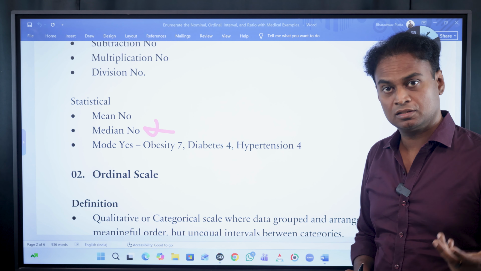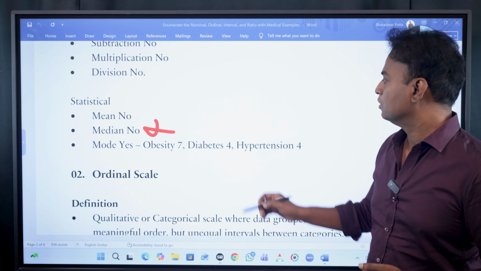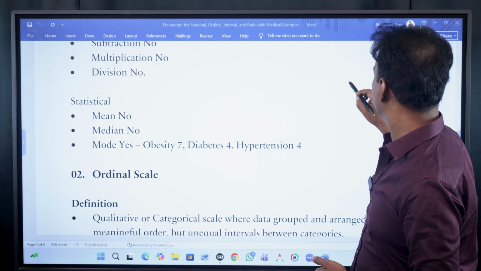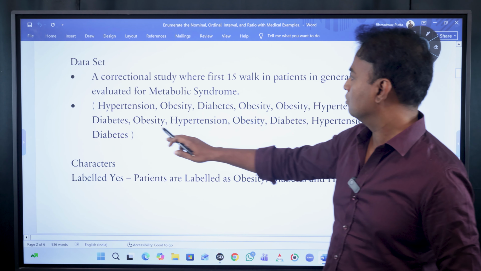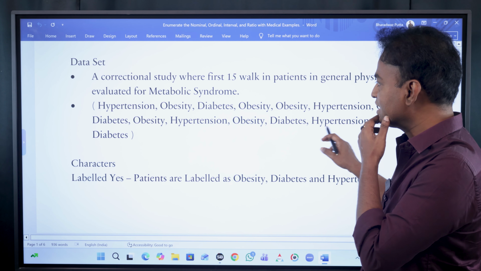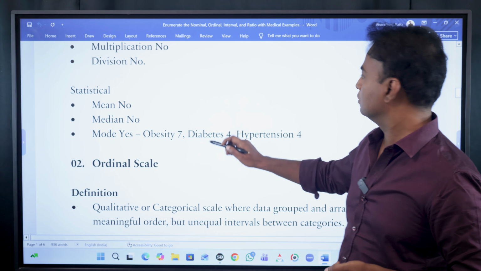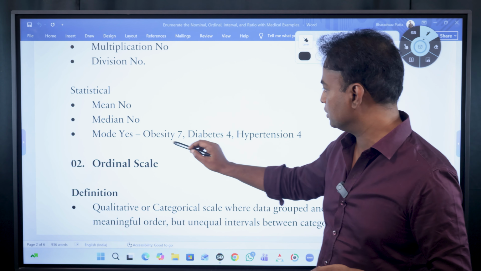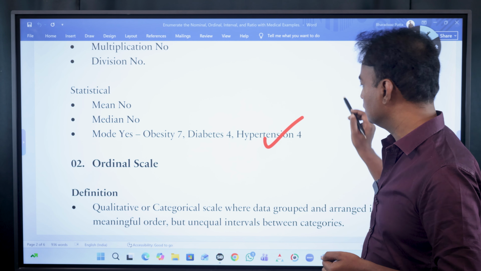Can you find the mode? Yes. What is the mode? The value which is frequently repeated. In this set, you can see diabetes, obesity, hypertension. There are 7 patients with obesity, 4 patients with diabetes, and 4 patients with hypertension.